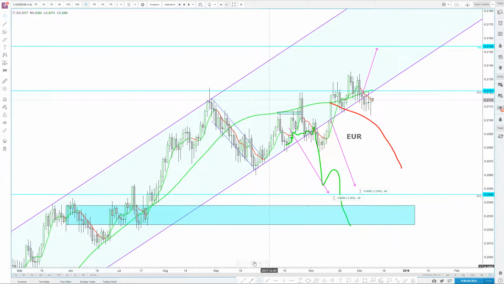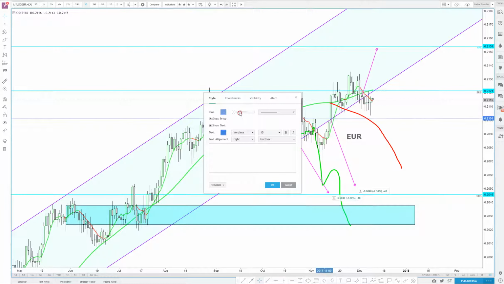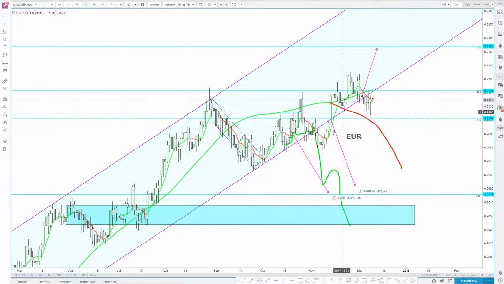I thought in the midweek it was gonna come down to this SRS, but it did not. It just came down to this little support here and then bounced up. So I'm still kind of bullish on euro.